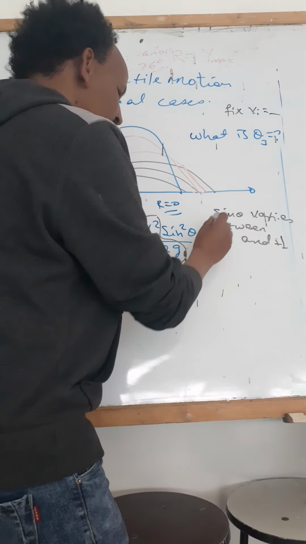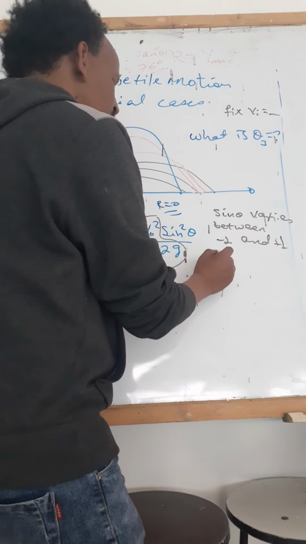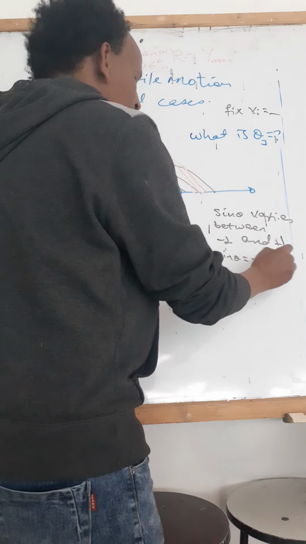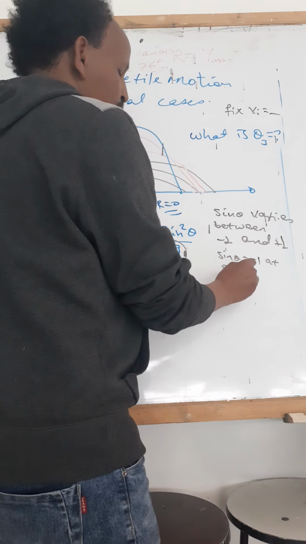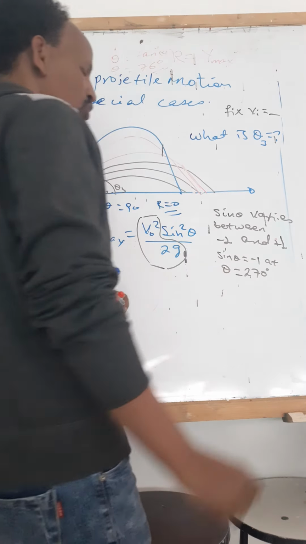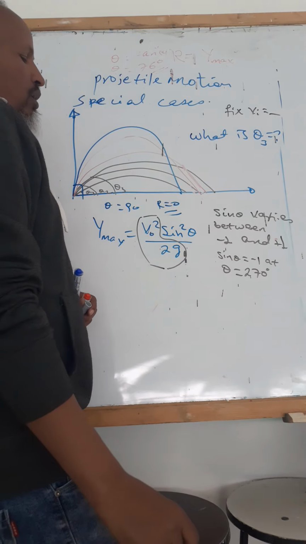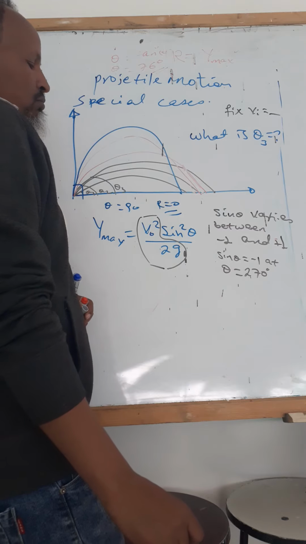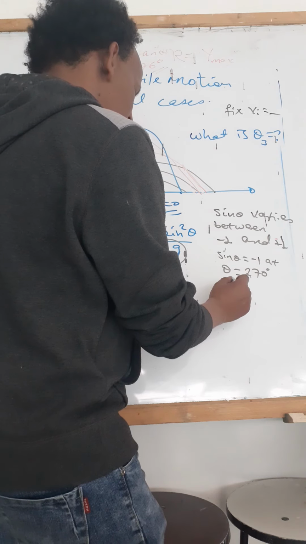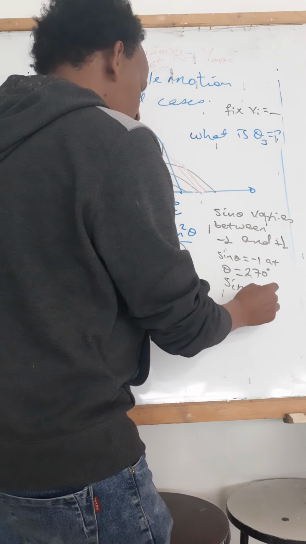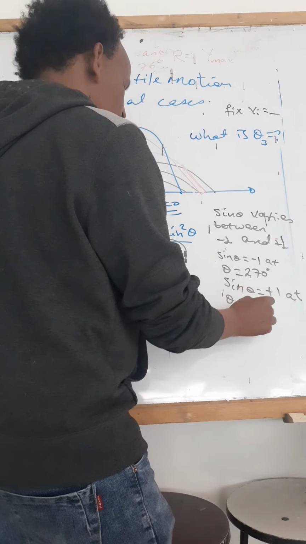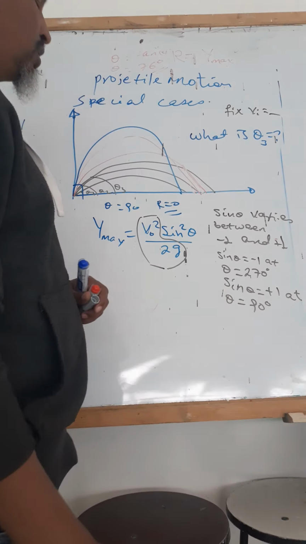Sine theta is -1 at theta equal to 270 degrees, and sine theta is +1 at theta equal to 90 degrees.